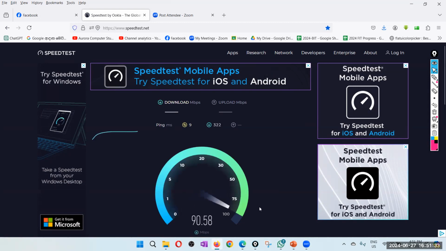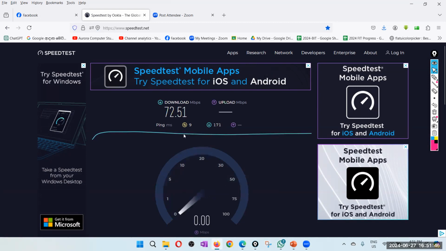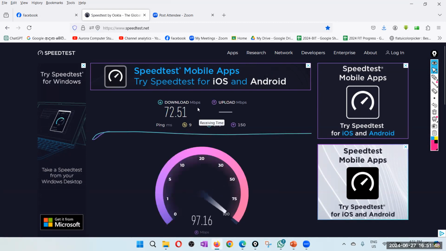Of course I have reasonably high speed internet because I am using fiber optics. So you can see, my download speed is 72.51 megabit per second.